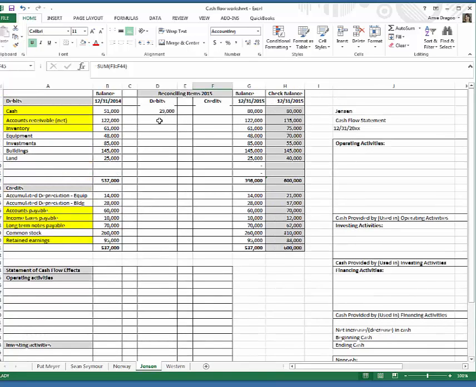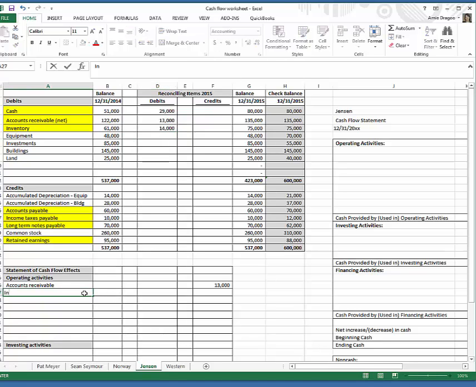Let's see, accounts receivable is next. To make this balance, I need 13,000. That will make this balance. And accounts receivable will be down in the operating section as an adjustment to net income. Inventory, we need a $14,000 debit to make this balance.